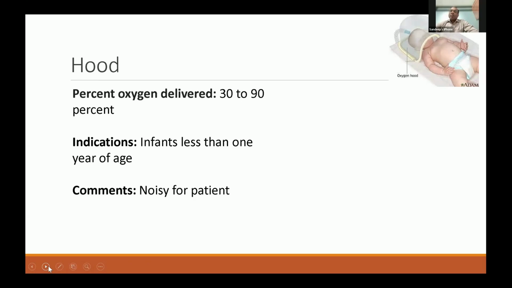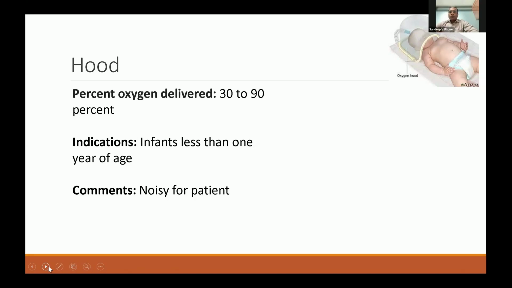Oxygen is connected, and the patient breathes in a higher oxygen concentration environment. So what kind of oxygen can be delivered? It is highly variable. It can be 30 to 90%. Majority of the times it is used in very, very small babies, and it can sometimes be noisy because of the flow of oxygen through these hoods.